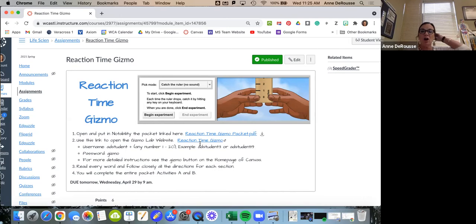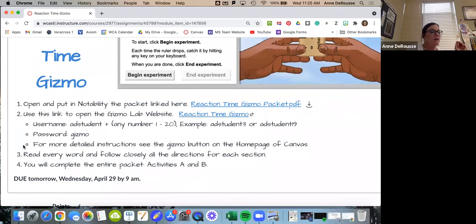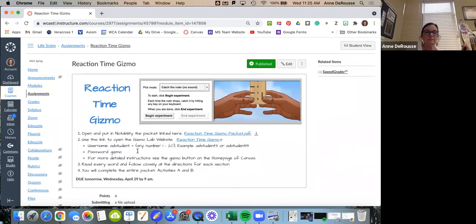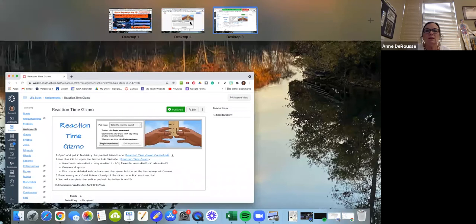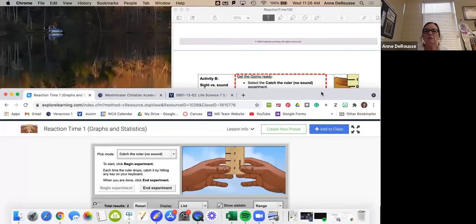You want to click on log in, and then if you forgot, the username is just AD student plus any number right after it. And the password is Gizmo. So that should take you to this packet.